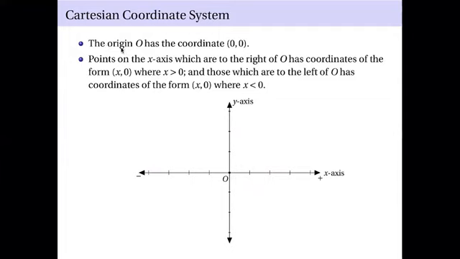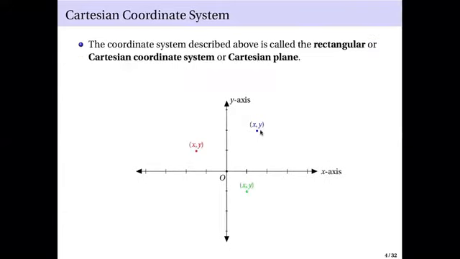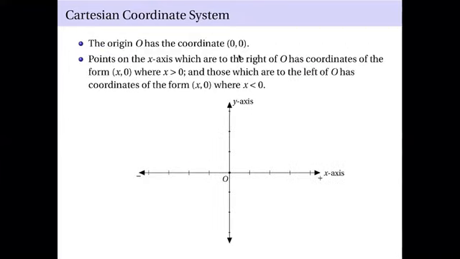So, the origin has coordinates 0, 0. You see how we labeled our points here. We have x comma y. This means that the x coordinate is 0, and the y coordinate is also 0.